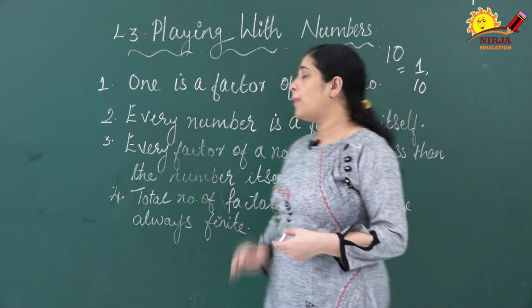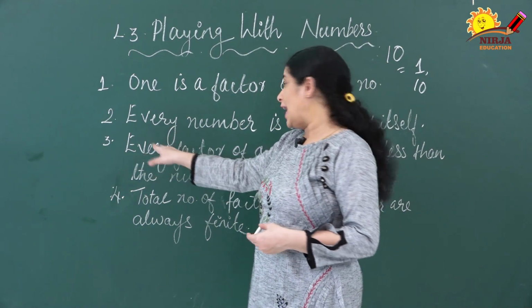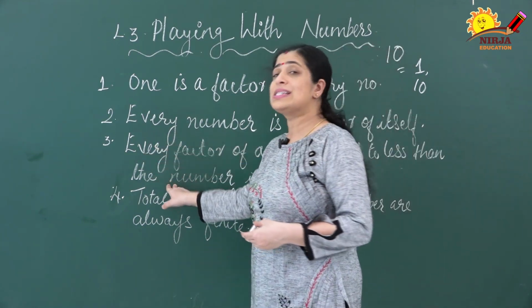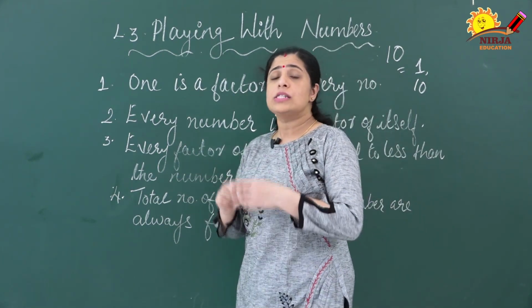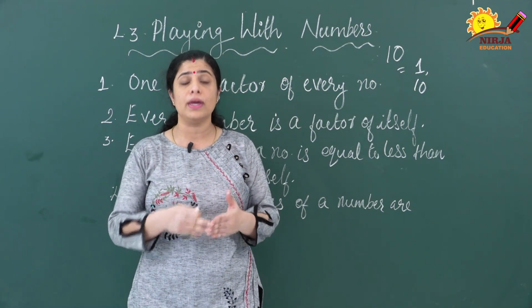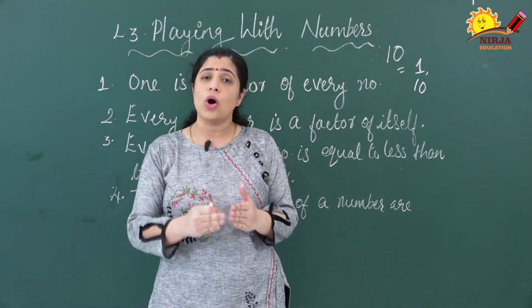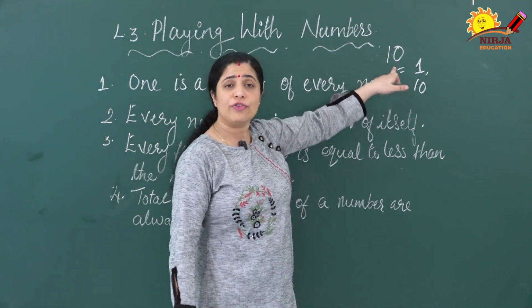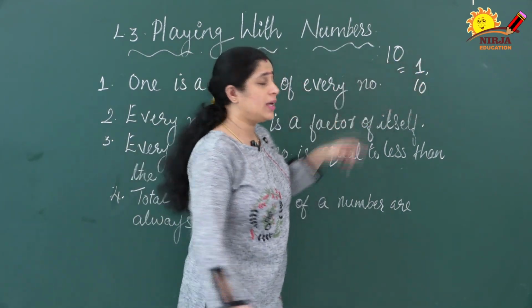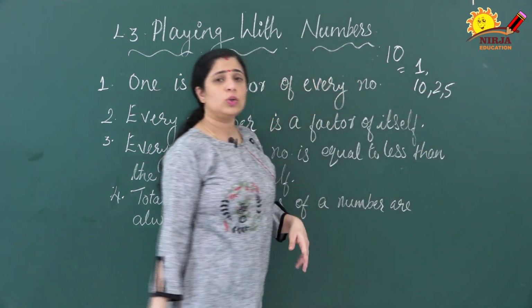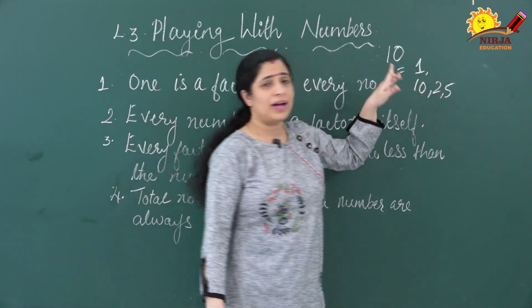What is the third point? Every factor of a number is less than or equal to the number itself. Suppose you are finding the factors. All these factors will be equal to the number or less than the number. The factors of 10 are 1, 2, 5 and 10.